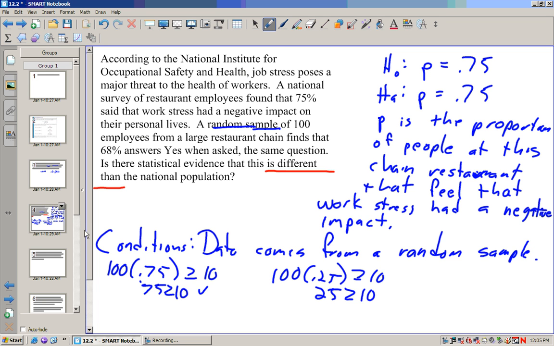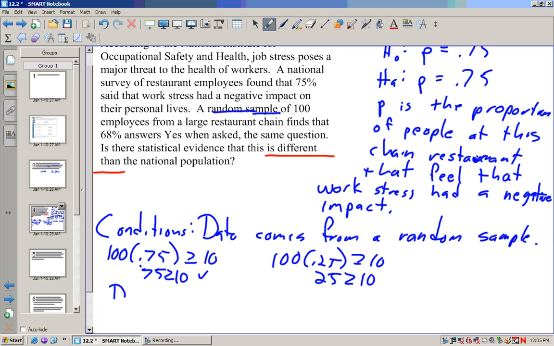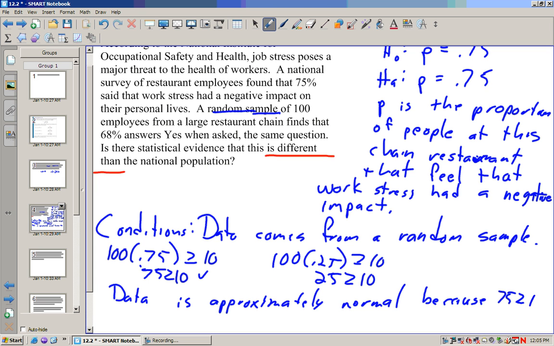So we can say data is approximately normal, because 75 is greater than 10, and 25 is greater than 10.